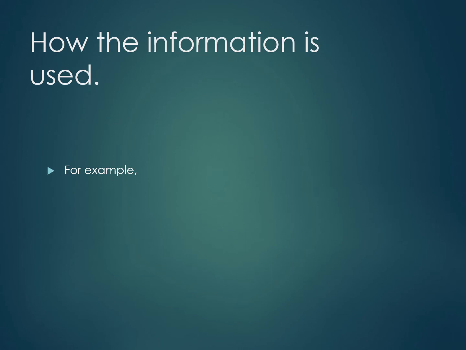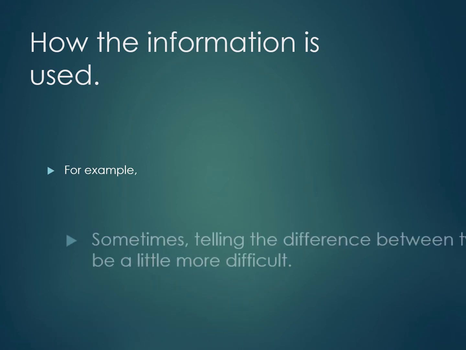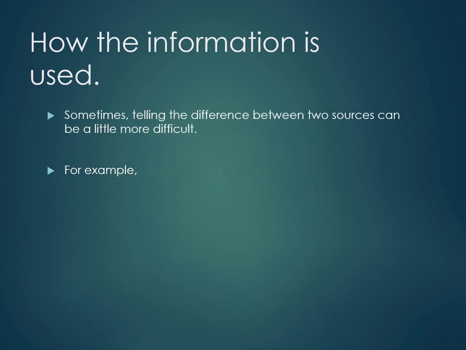So remember, what a source is depends on how it's being used. For example, a textbook is usually considered a secondary source. However, if you are somebody who is studying what kind of information was in textbooks in 1993, those textbooks then become a primary source.